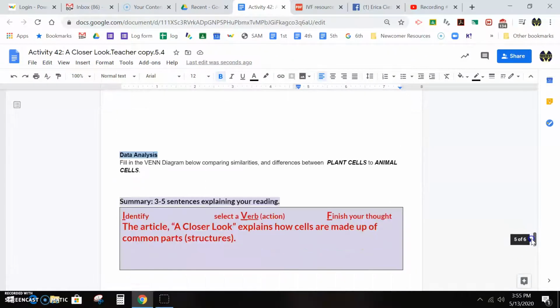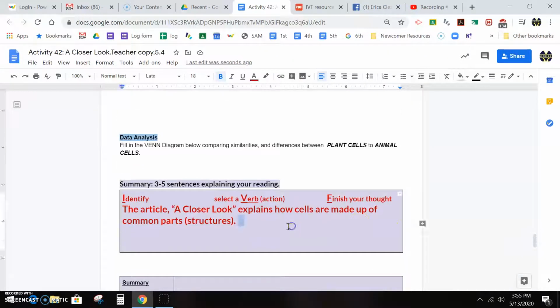So again, if I scroll down, now I'm working on my supporting sentences. So I could say things like these parts, again, or structures, because you're going to hear that word, include cytoplasm and a cell membrane.